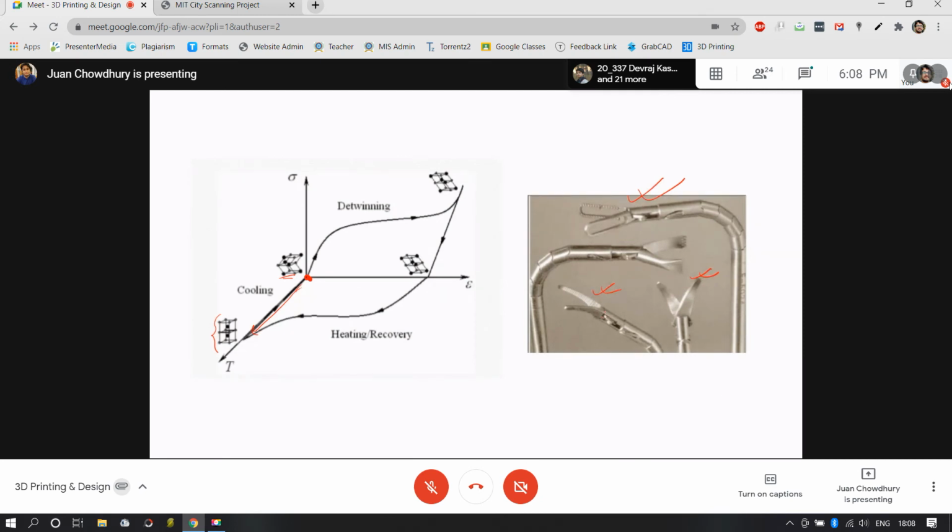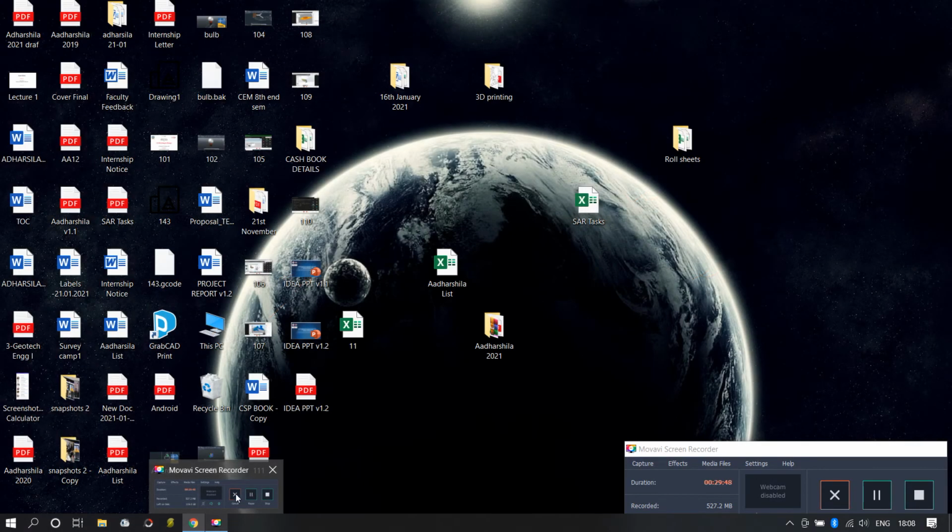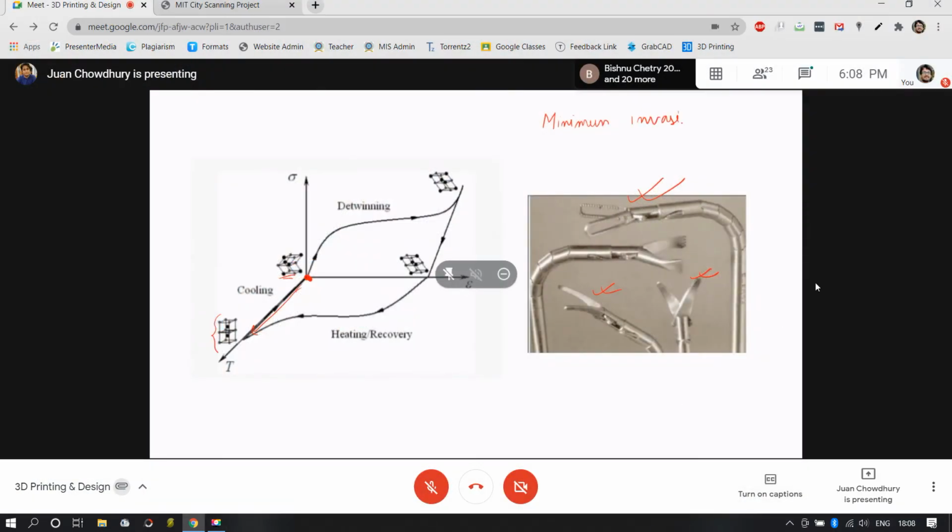Anyone? Have you ever heard of robotic arms? Yeah, exactly. These are for minimum invasive surgery. You must have seen them in Spider-Man, okay? Dr. Octopus, if I'm not wrong.